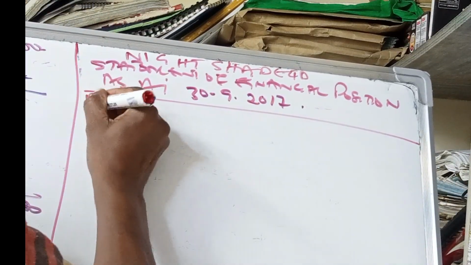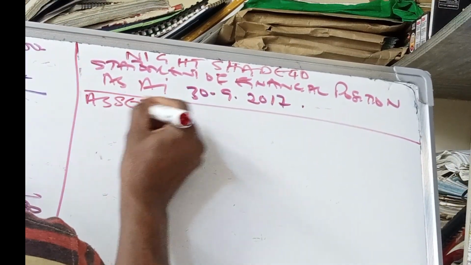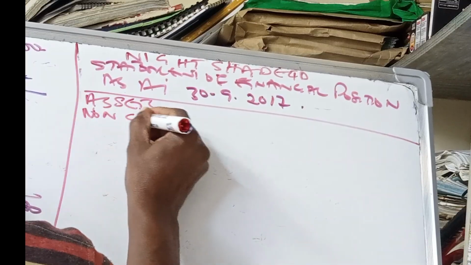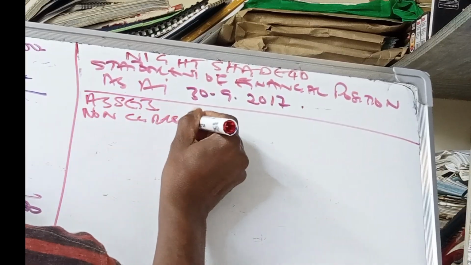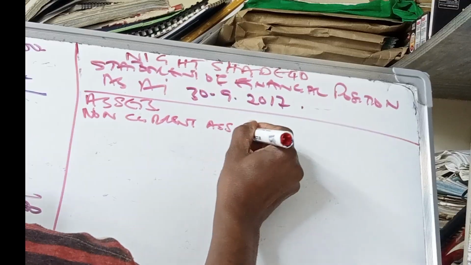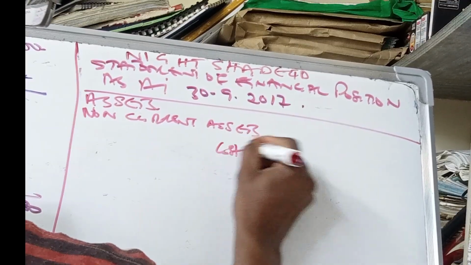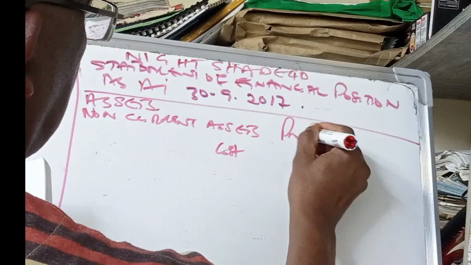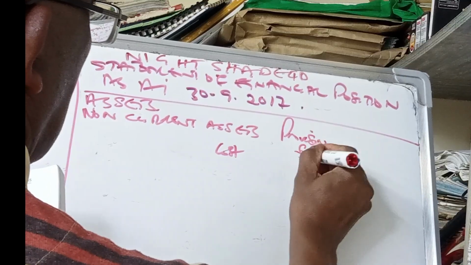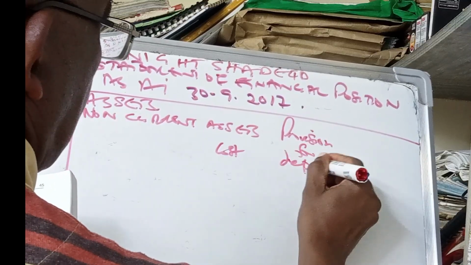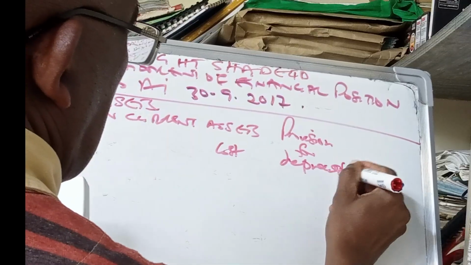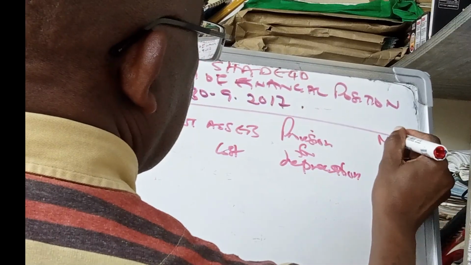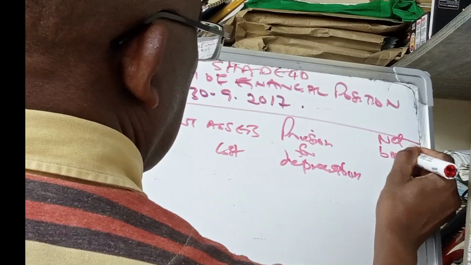We always start with assets, then we come to non-current assets. There is cost, provision for depreciation, and net book value.